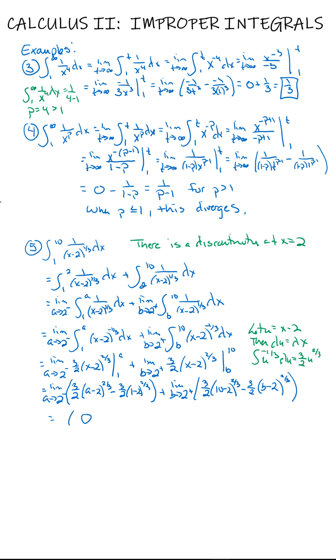Now this next little bit, take a look at that. We have 1 minus 2, which is negative 1. Raise that to the 2/3 power, gives us still 1, times negative 3/2. That gives us negative 3/2.